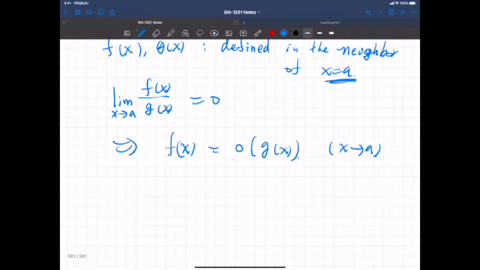So this is called little o, meaning f of x converges to 0 faster than g of x converges to something, so to speak. This means f of x has a lower order of some kind than g of x. This is called little o notation.